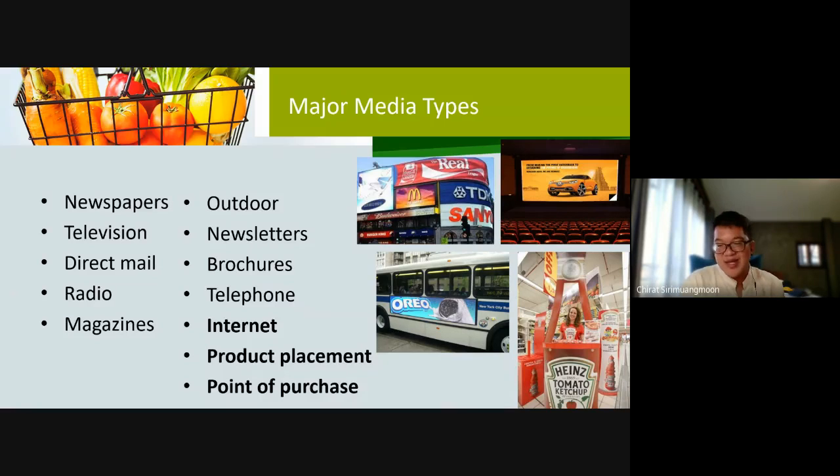Then product placement. This is clever now, that you can print and show some products on a vehicle or on the surface of the items that you really use, like a bus. Like here, they present Oreo and show how it should be dipped into the milk. So this is how we eat Oreo.